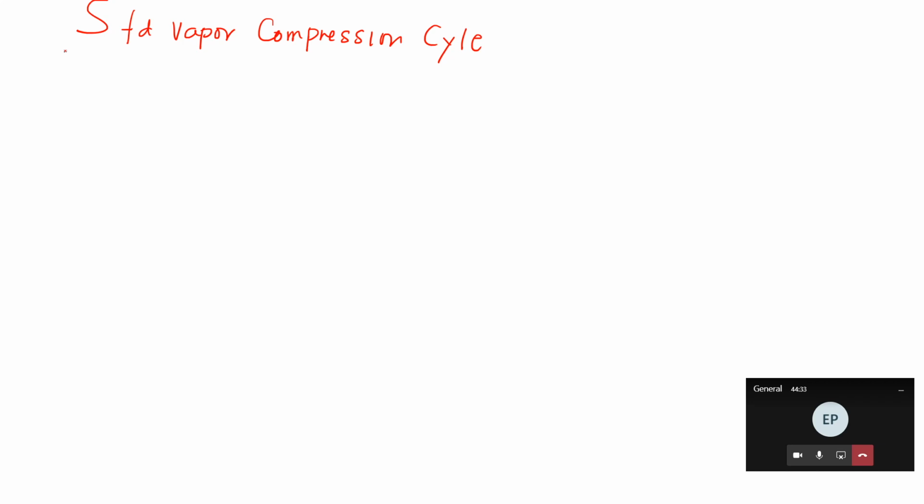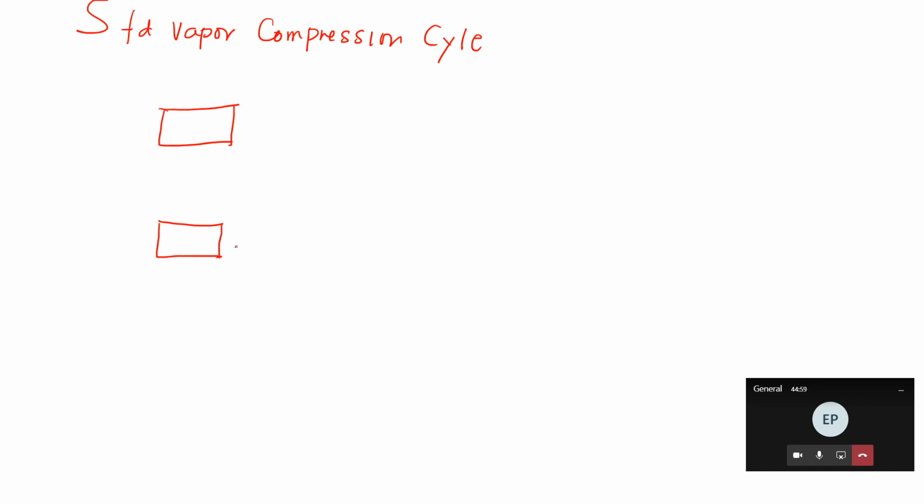So how does refrigeration work, and what is this vapor cycle? The basic components of this cycle are two components. I may draw, and pardon me for my drawing. Hindi pa ako sanay sa digital pad.